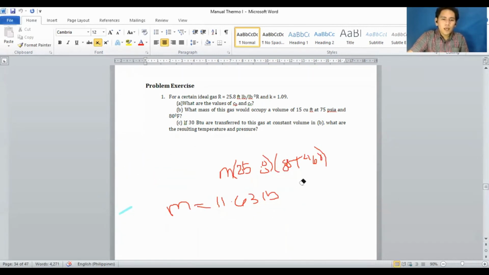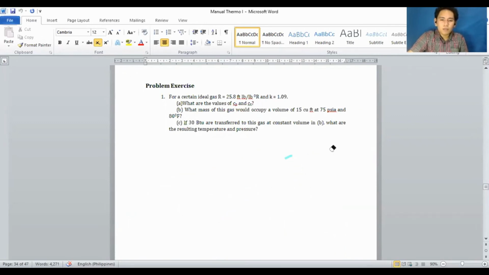Letter C: if 30 BTU are transferred to this gas at constant volume in B, what are the resulting temperature and pressure? Now, using the equation Q equals MCV delta T. Why do we use CV? Because it's stated that it is at constant volume.